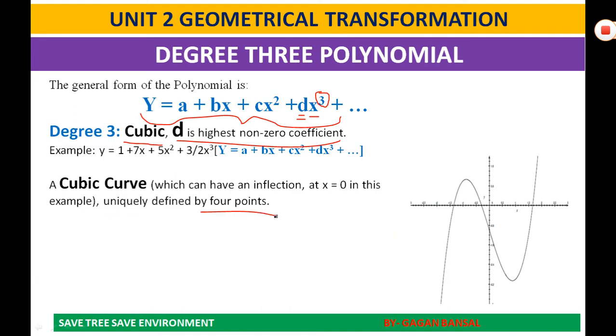One very important thing: a degree 0 polynomial is defined by 1 point, a degree 1 polynomial is determined by 2 points, a degree 2 polynomial is determined by 3 points, and a degree 3 polynomial is determined by 4 points. So these are the polynomial curves.